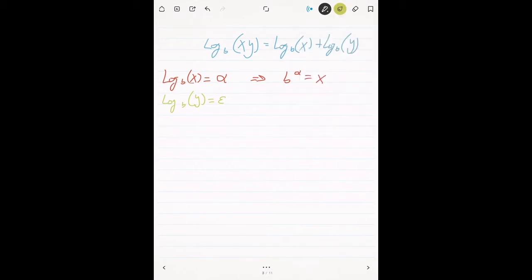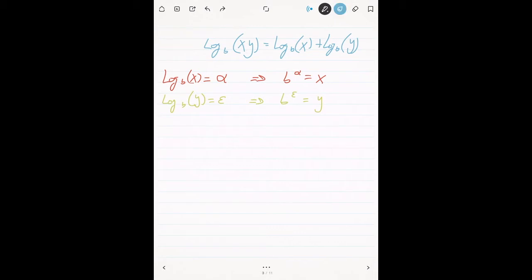And then for log base b of y equaling epsilon, this is the same thing as saying b to the epsilon power equals y. All right, this shouldn't be anything new to us. We've just defined what each of these logarithms is going to equal, and then we've rewritten them to also be able to work with exponential forms. Okay, that's fine. Well, where do we go from here?